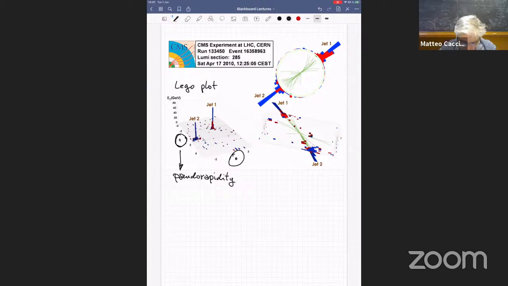Also, another thing you may wonder, what are these jets that you see here? Well, we'll talk about them in one of the coming lectures. They are a useful object that is constructed to analyze strong interaction events. For the moment, it will be enough to say that, as you can see, these jets are essentially related to these fairly collimated beams of particles that come out of the interaction.